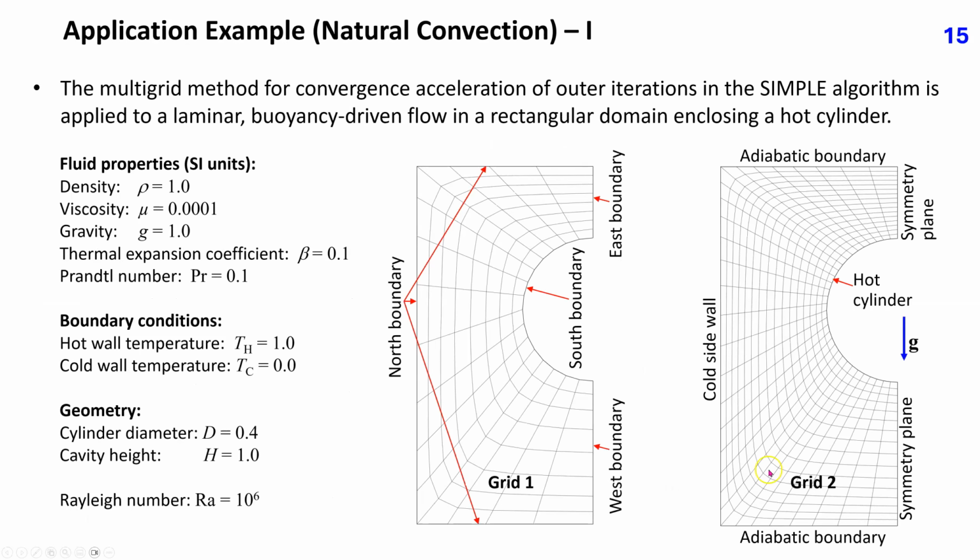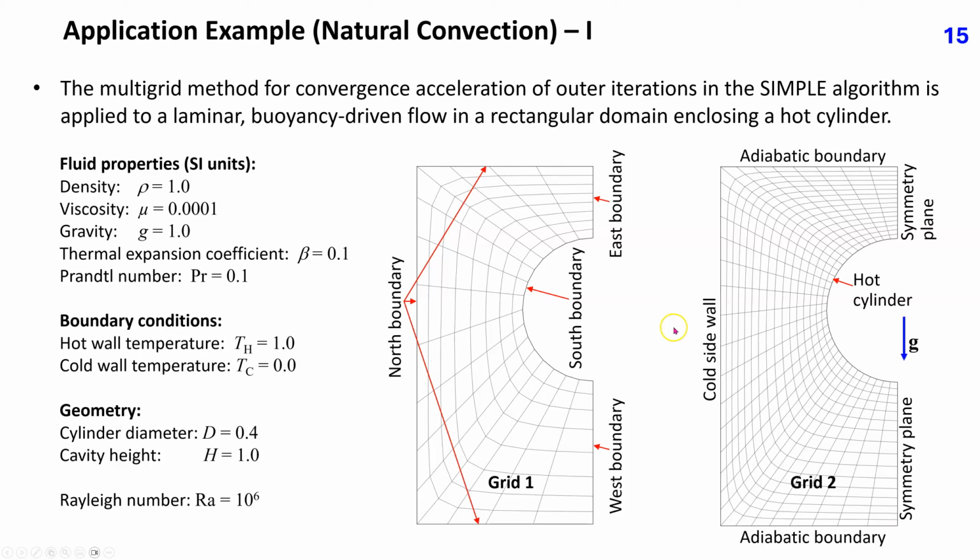Let us see how the multigrid method described in preceding slides works for a laminar, buoyancy-driven flow, natural convection, in a rectangular cavity enclosing a hot cylinder. The solution domain is symmetrical, so only the left side is used with symmetry plane condition along the vertical symmetry plane.